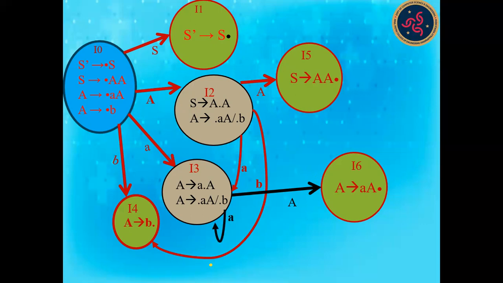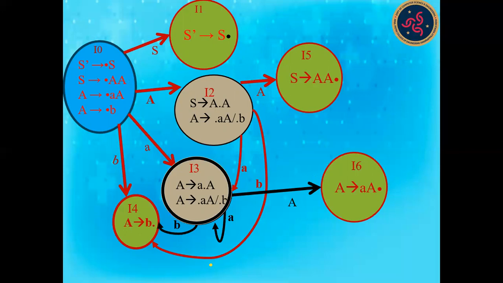When we get a small terminal symbol a, the state goes to the same state I3. And about b, if we get a letter b, then it can go to I4. So when a letter b is received, we have a transition to the state I4.